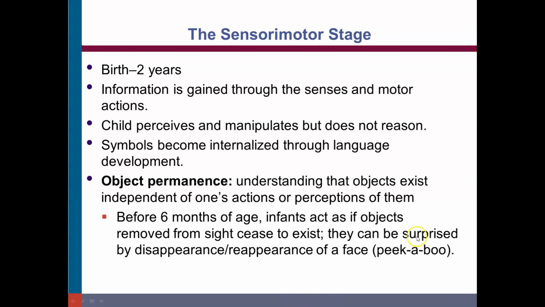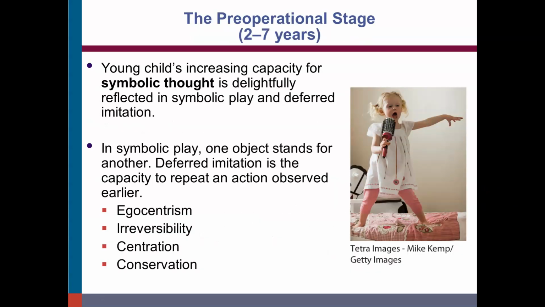An example is peekaboo: if a person hides their eyes and then suddenly uncovers them and says peekaboo, the child thinks that's a new occurrence. We won't go into that too much in depth.